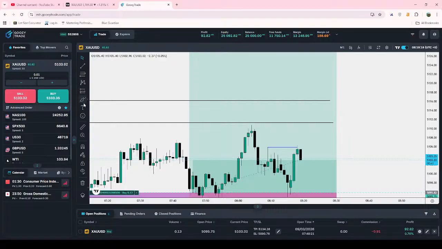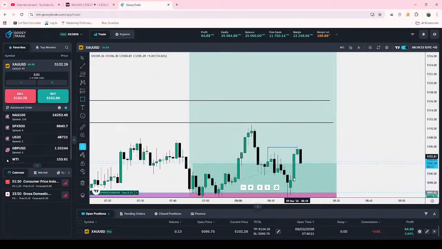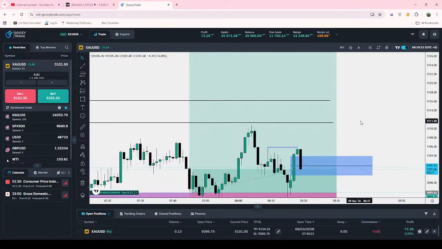Let's see if this fair value gap holds. The price goes higher, or it will be just obliterated in a single go.